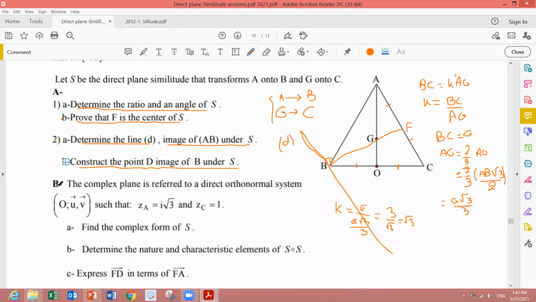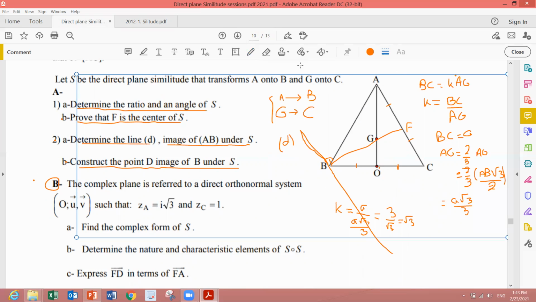Part B. The complex plane is referred to a direct orthonormal system OUV. ZA equals i radical 3.